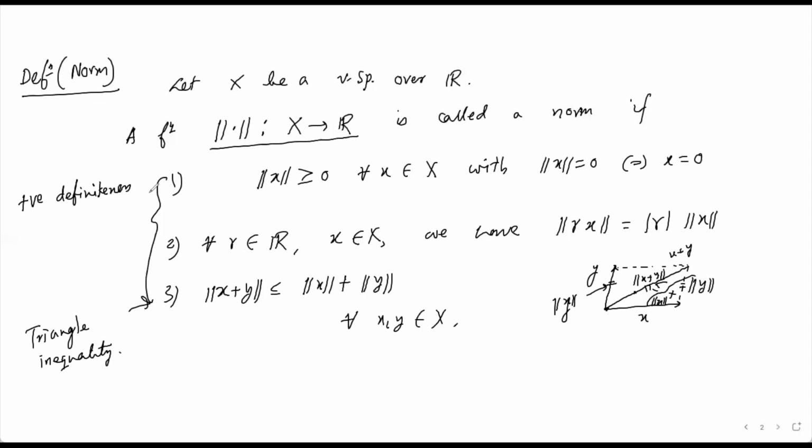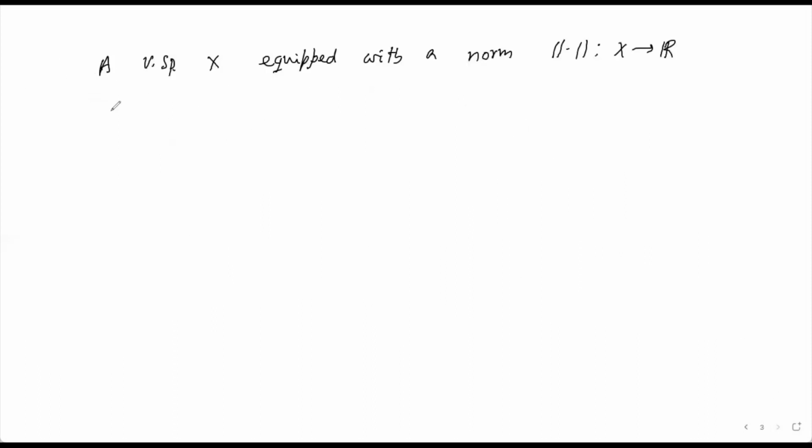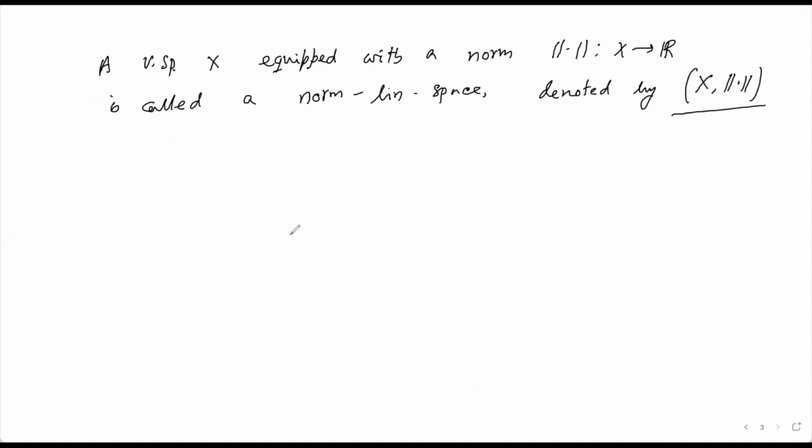A vector space X equipped with a norm, that is a function from X to R that satisfies these three conditions, is called a norm linear space and denoted by a pair X comma norm. So this is norm linear space, and X is underlying set, and this is norm on X. So this is also a definition.